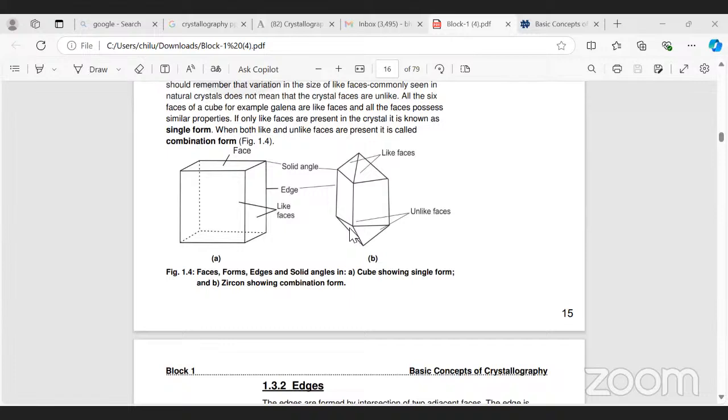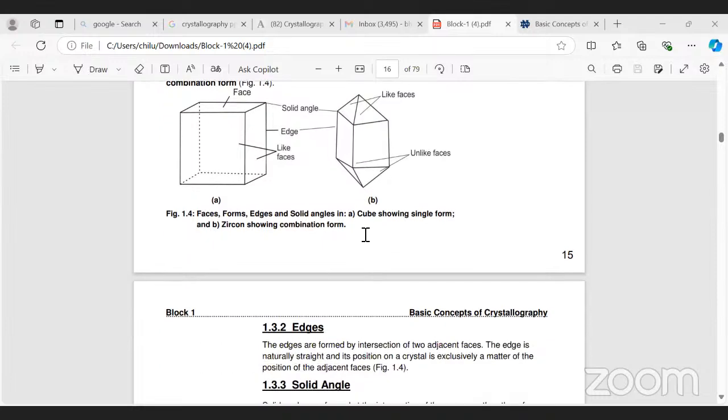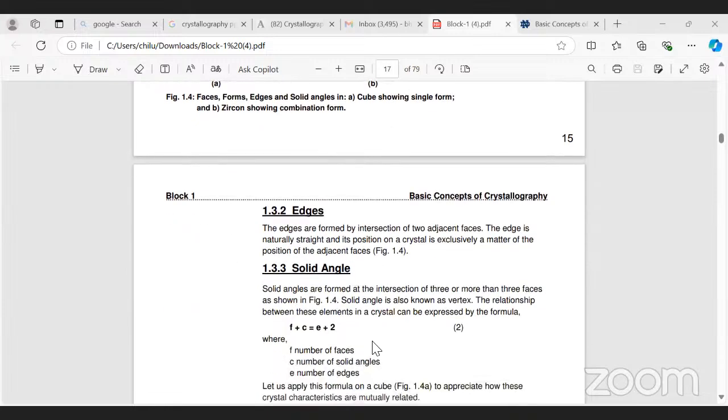Or else, this is the best example: one, two, three, four faces. In these four faces, it is creating an angle. Where they meet, the edge is known as the edge, and the corner place is known as the solid angle.